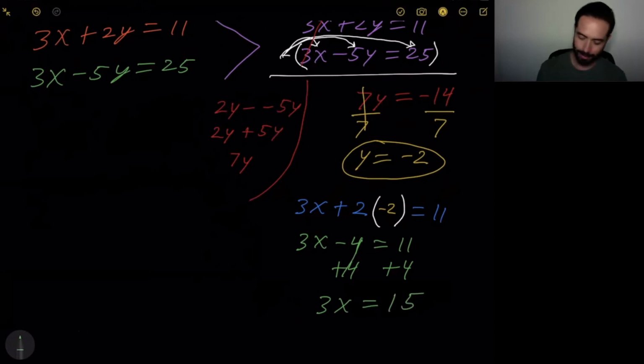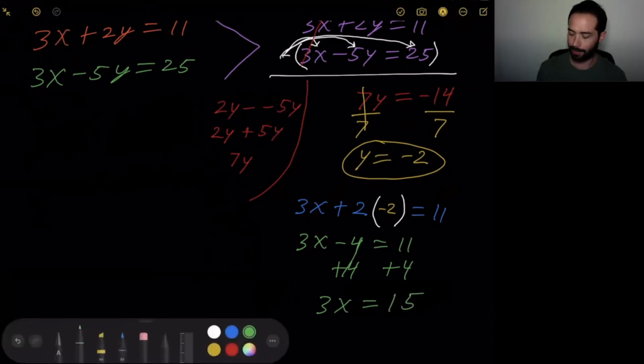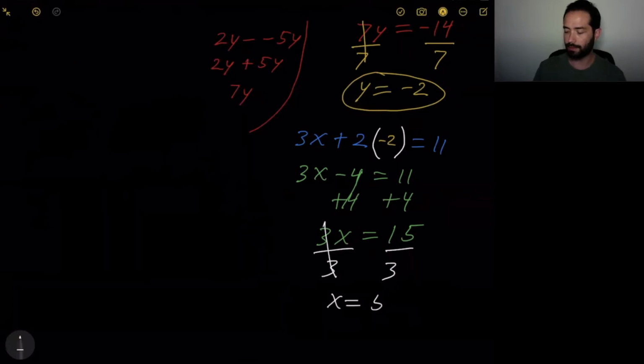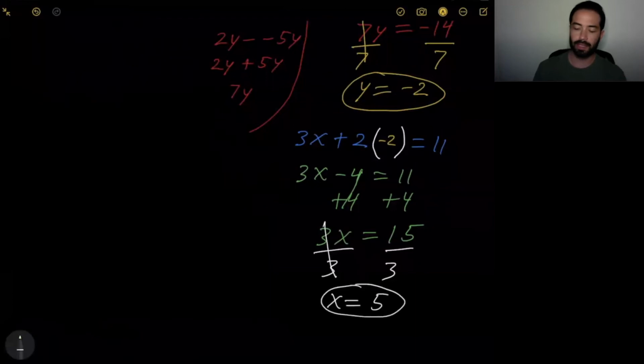Okay. So now we want to finish this off. We have 3 times x, because 3x means 3 times x. So we divide by 3 on both sides, and we get x equals 5. Now remember, the answer to this is a coordinate point.